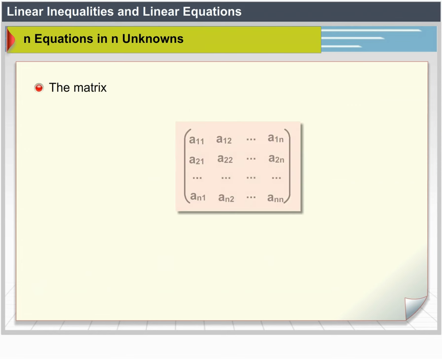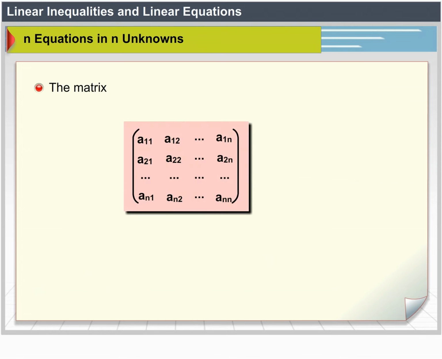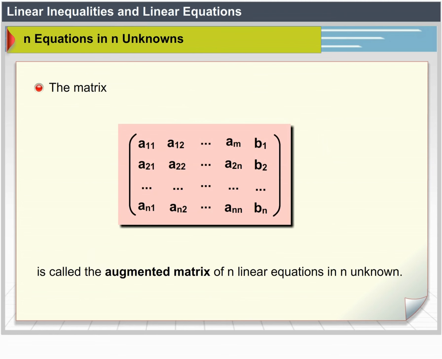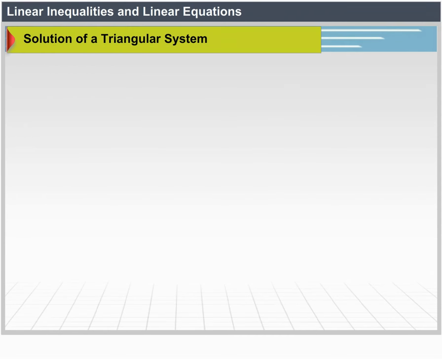The matrix which is shown here is called the coefficient matrix of the system of n linear equations in n unknowns. The matrix which is shown here is called the augmented matrix of n linear equations in n unknowns. Solution of a triangular system.